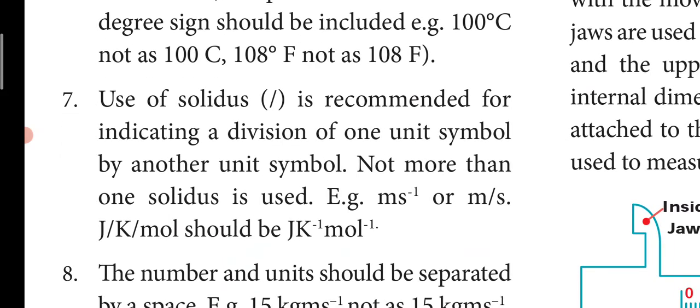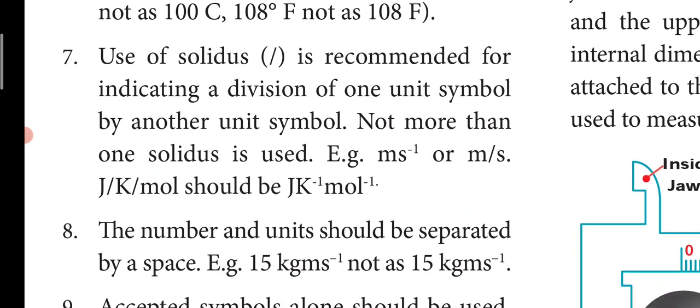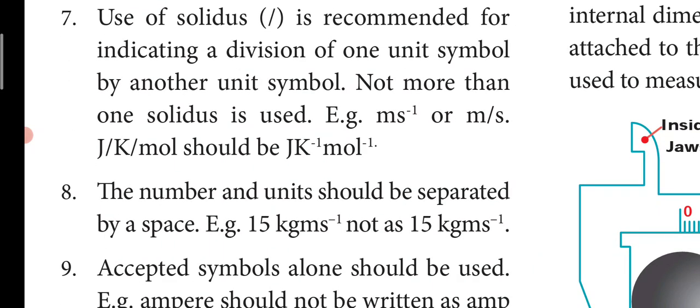And use of solidus: solidus means one small slash, and it is recommended for indicating division of one unit symbol by another unit symbol. If you have more than one unit symbol, and one is in the denominator, you use this slash. For example, meter per second, and also joule per kelvin per mole.